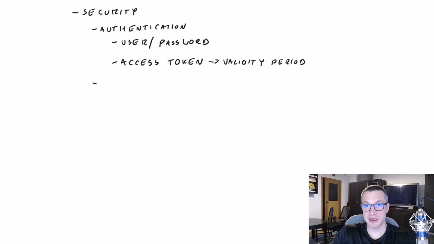And then apart from authentication, which is proving that you are who you are, we've got the authorization part. Authorization simply means, all right, so what can I do in a given system, what am I allowed to do, what permissions were granted to me. And again, it's not on us to set this stuff.